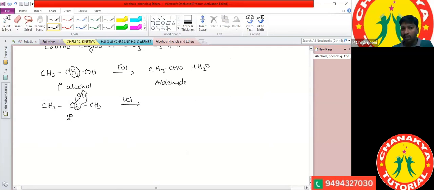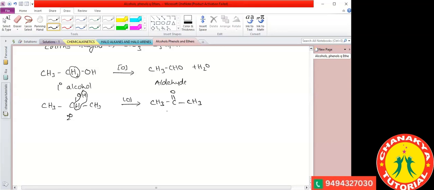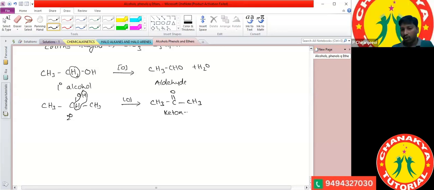If you remove the hydrogen, a double bond is formed between the carbon and oxygen atom, and it is converted into CH3-C(=O)-CH3. Is it an aldehyde or a ketone? It is converted into a ketone. Secondary alcohols are converted into ketones, and primary alcohols are converted into aldehydes.